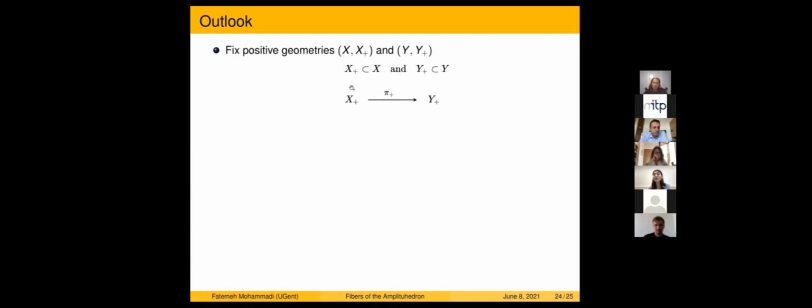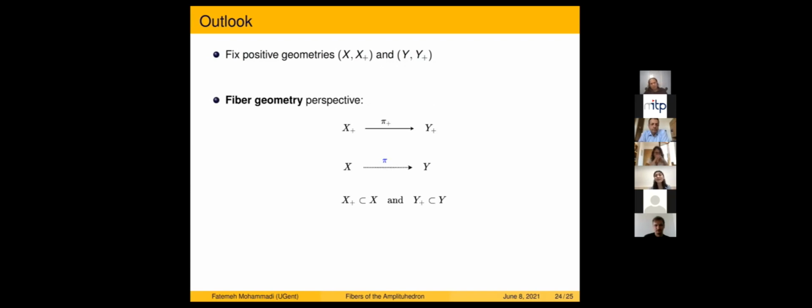Let's say you know something about the original space, for example its triangulations and its canonical form, and it has some nice properties. You would like to understand the image of this pi plus, and see what sort of information can be transferred from the original space to this y plus. So that's the idea, that's the question.